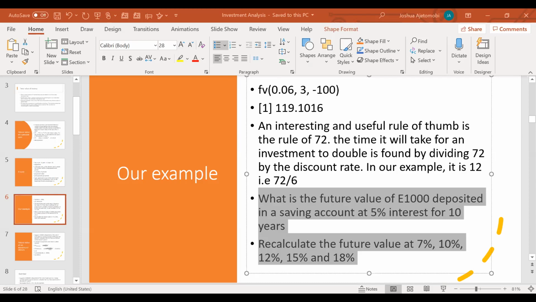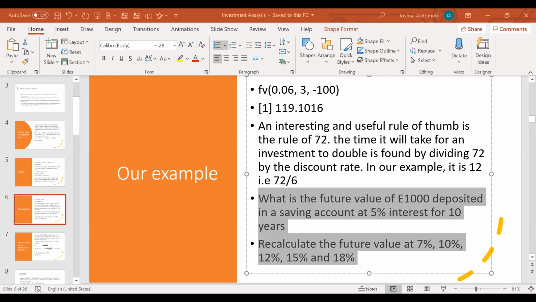Okay. Then for 18%, 5233.84. Did you get the same thing? Yes, Prof. Same. Now we're on the same page. That's great.